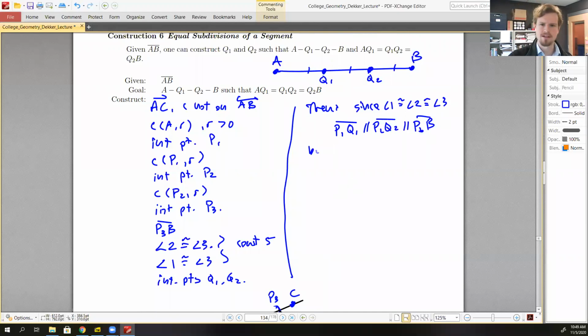And that's by, actually that would be by the converse of the corresponding angles theorem. I believe it is. So converse of the corresponding angles theorem. Excellent.